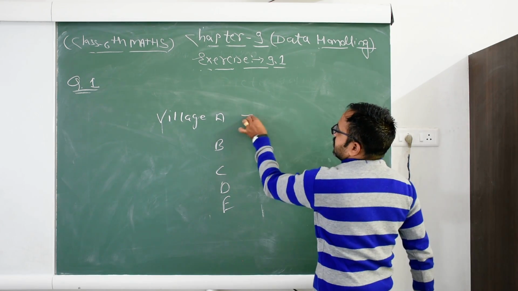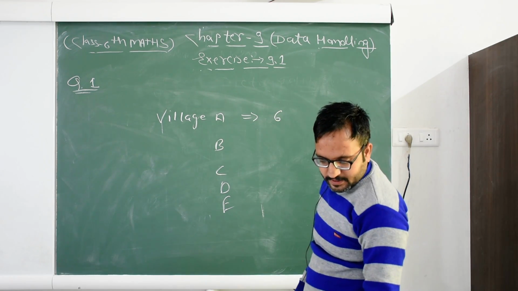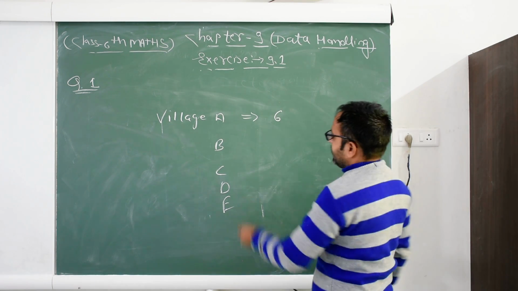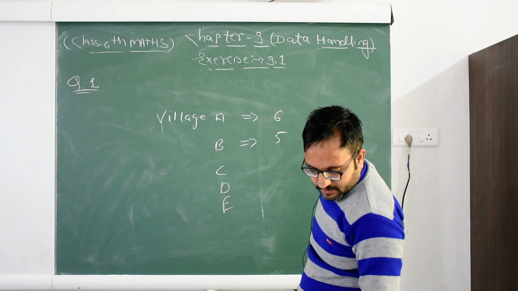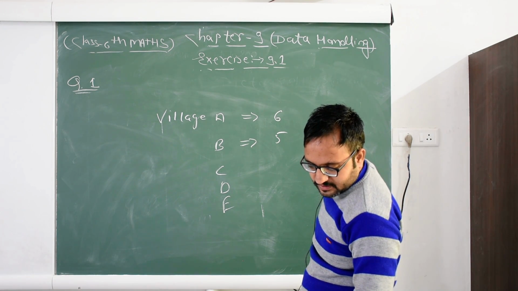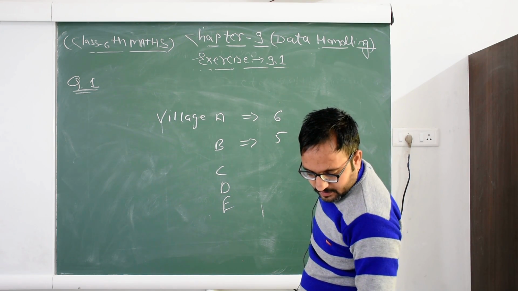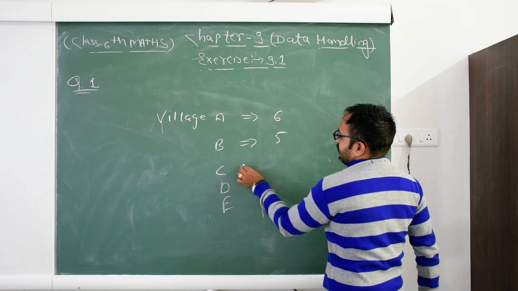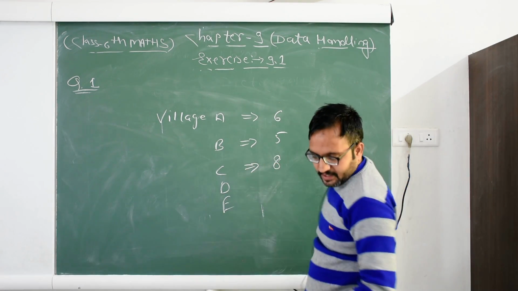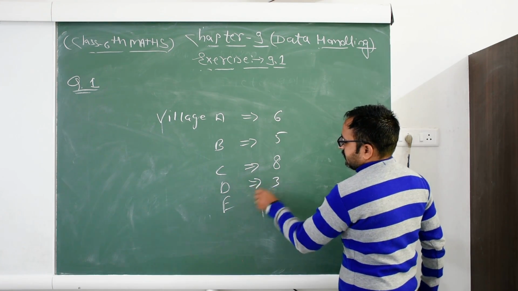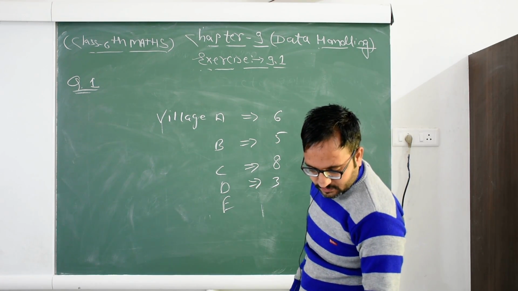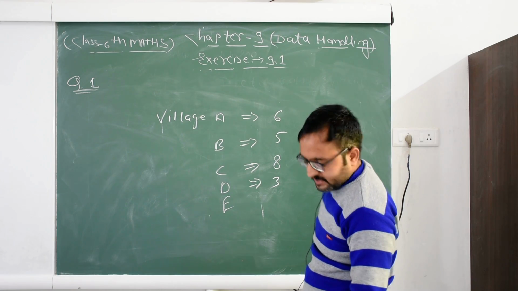Only 6. Now village B, we have 5 tractors, and village C 1, 2, 3, 4, 5, 6, 7 and 8 tractors. Okay, how many tractors? 8. Now village D 3 tractors and village E 1, 2, 3, 4, 5, 6.